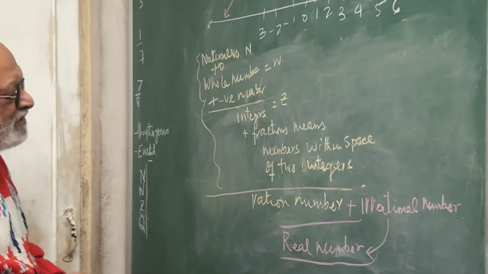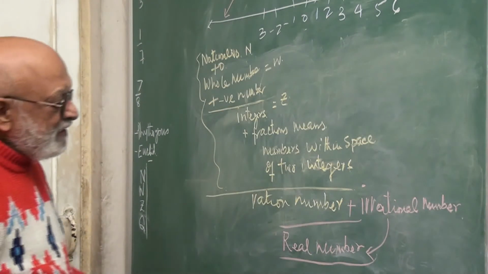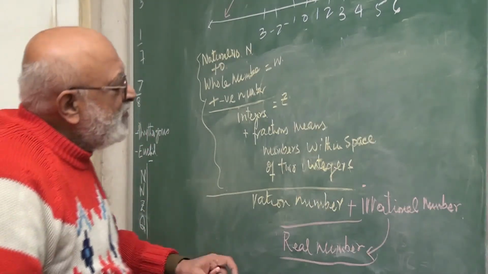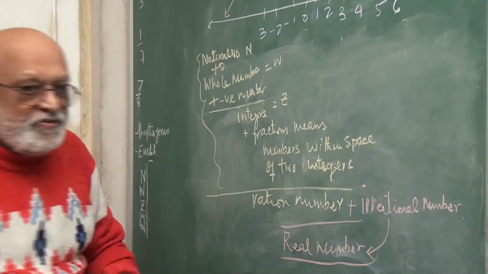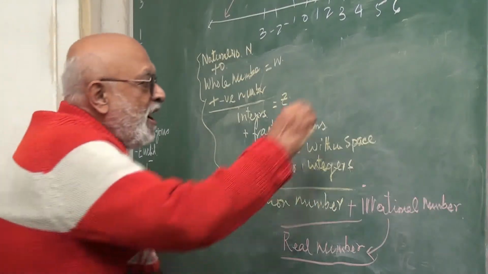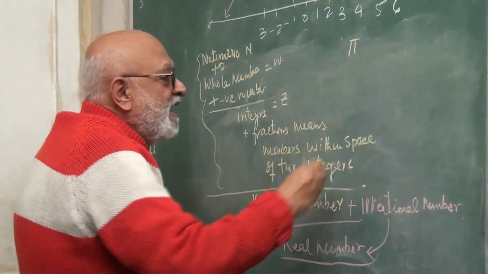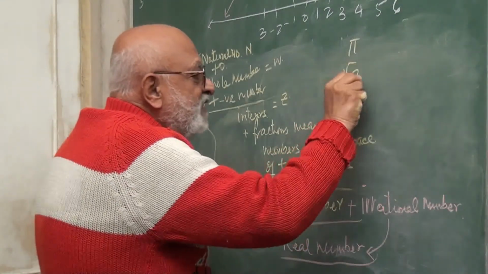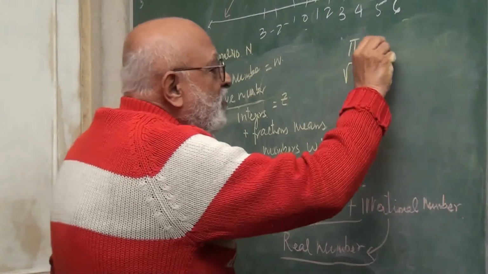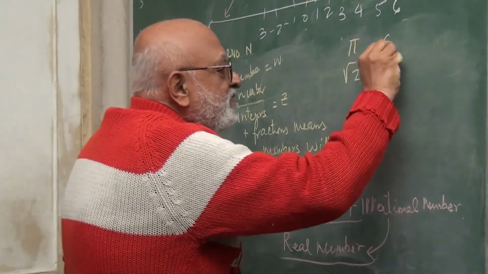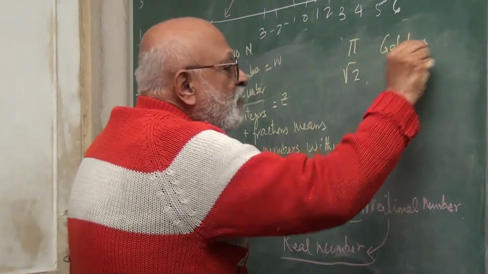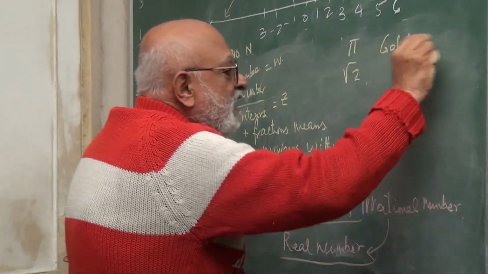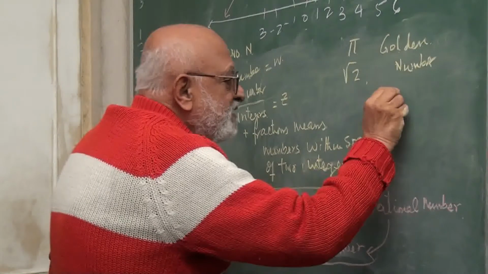Now these are very famous because they are the first ones to be investigated: pi and root 2. Then there is also a number called the golden number, and another number e.